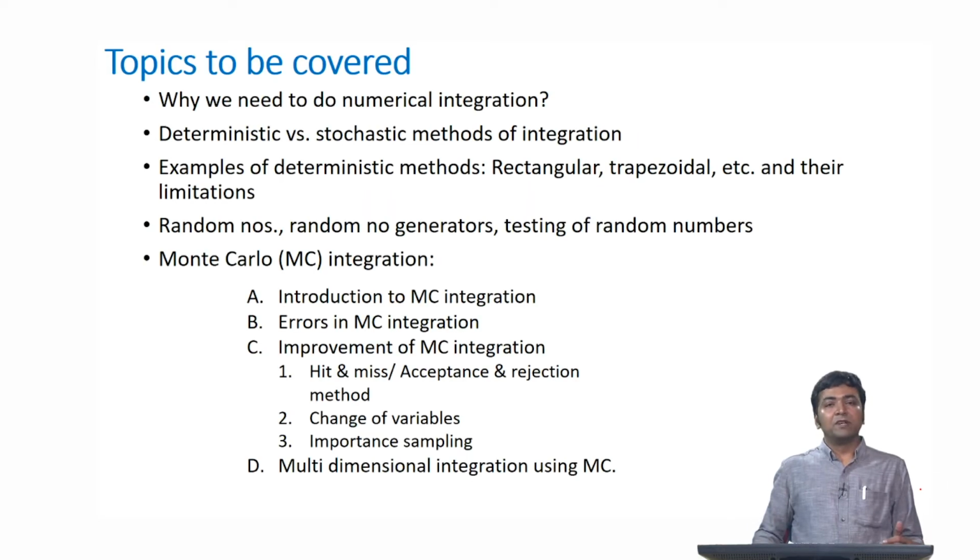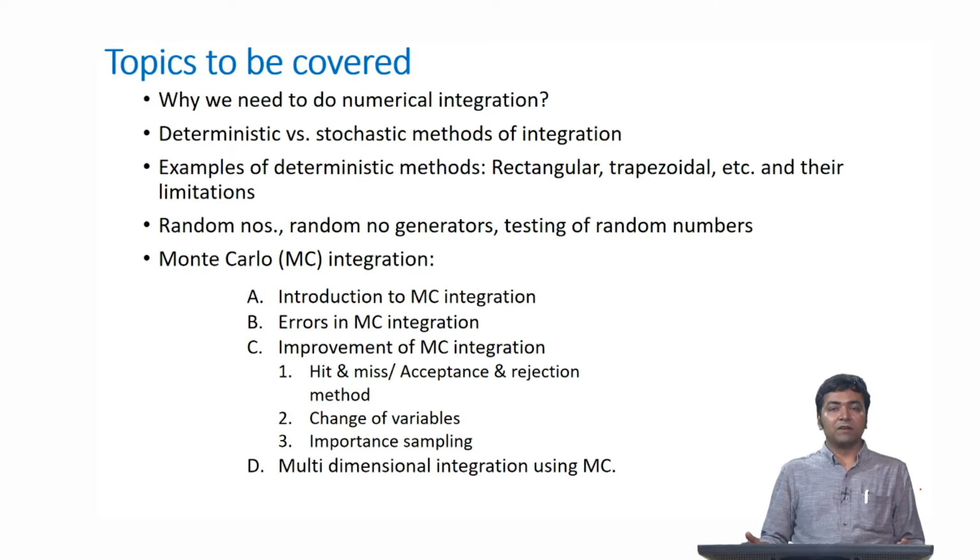But before that, let me just list what the topics we are going to cover. So, I will start this module by briefly motivating why we need to do numerical integrations, when numerical integrations are required, under what circumstances. I will then tell briefly about deterministic versus stochastic methods of integration, and then as an example of the deterministic method, we will talk very quickly on the following methods, which some of you may have already seen before.